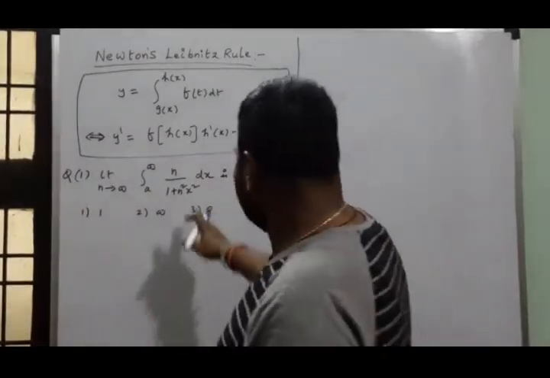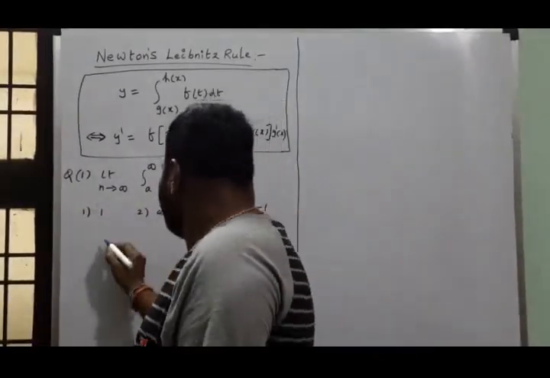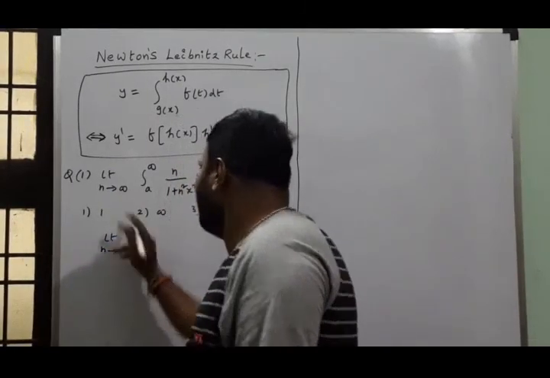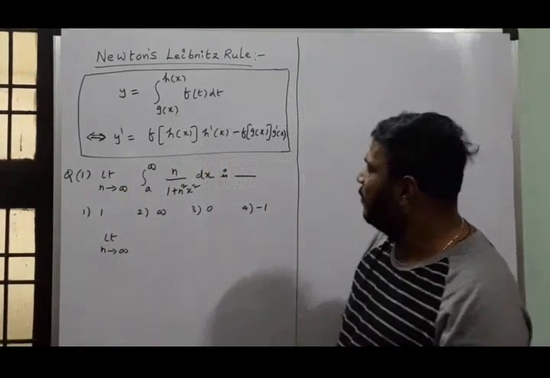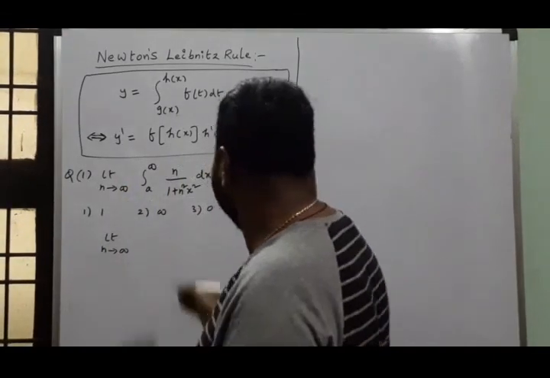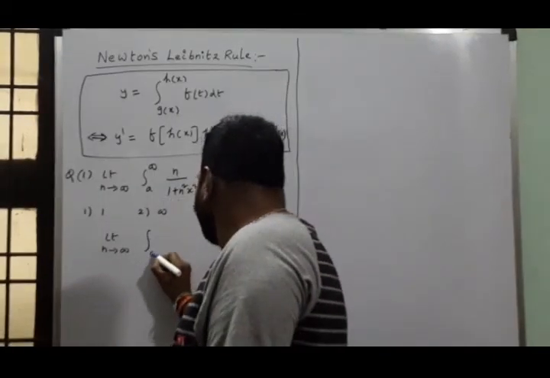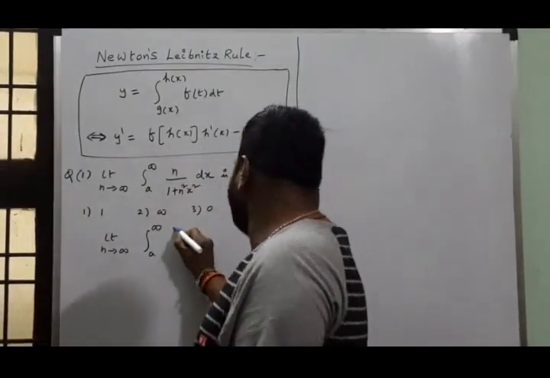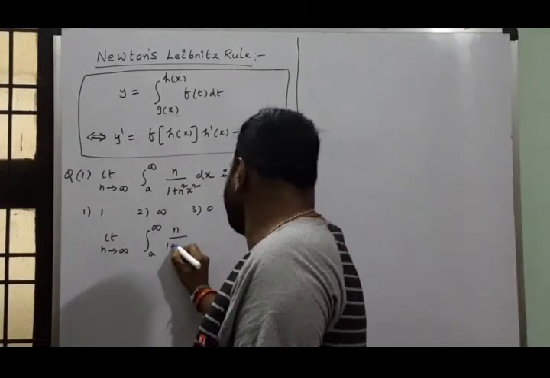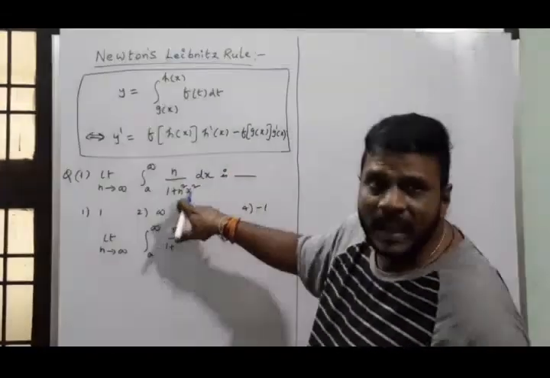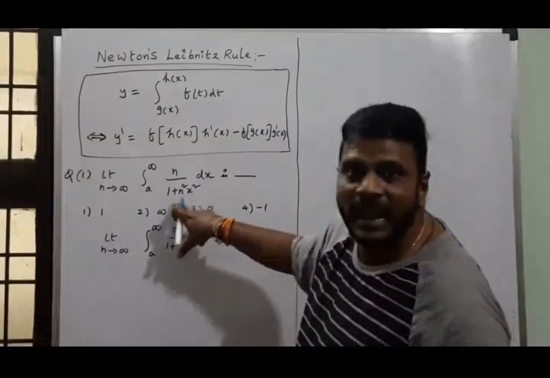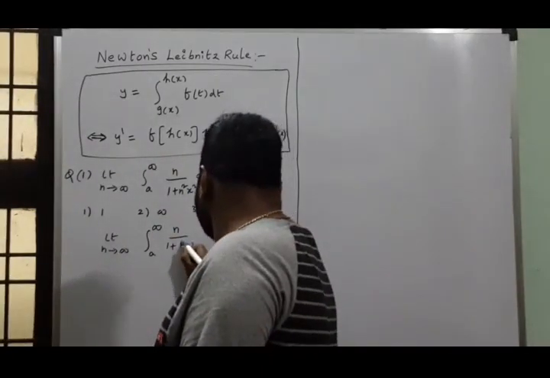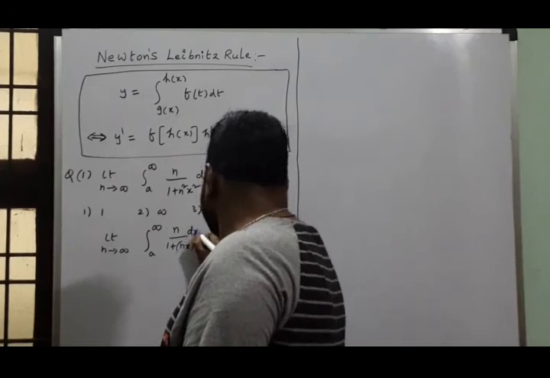Okay, so what is the question here? Limit n tends to infinity, integral a to infinity n by (1 plus n square x square). N square x square can be written as (nx) whole square, dx.